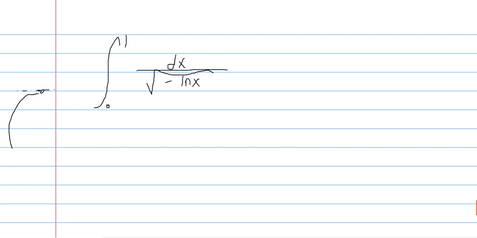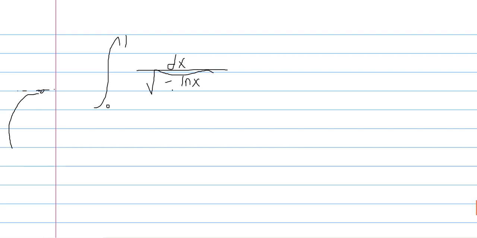As x goes to 0, the natural log goes to negative infinity, and at x equals 1, the natural log is 0. So we have some weird bounds, but we don't get any complex number craziness here.